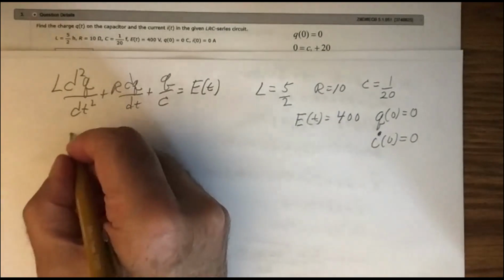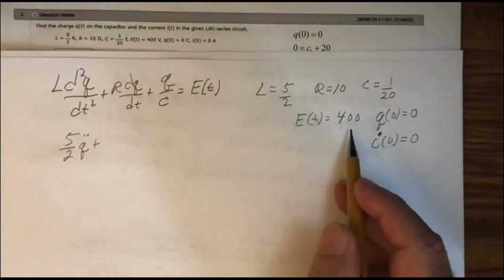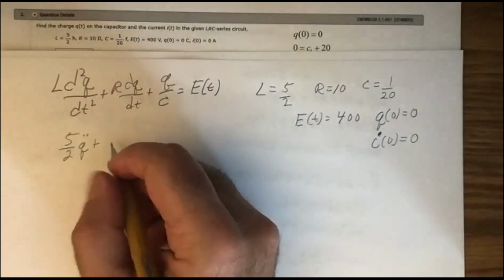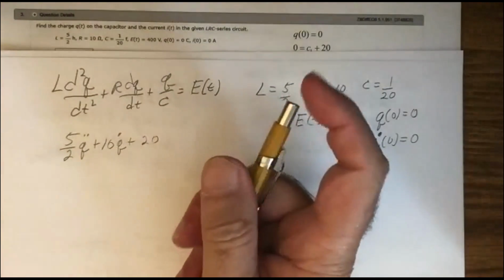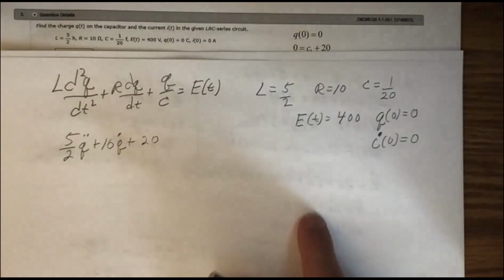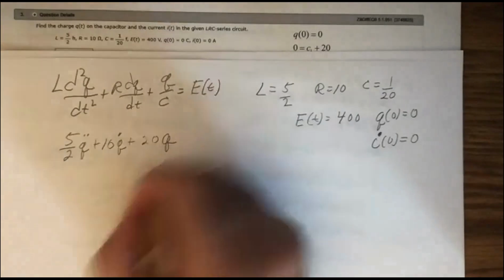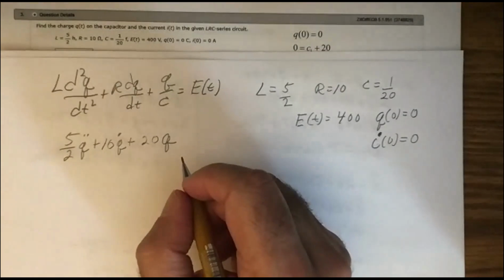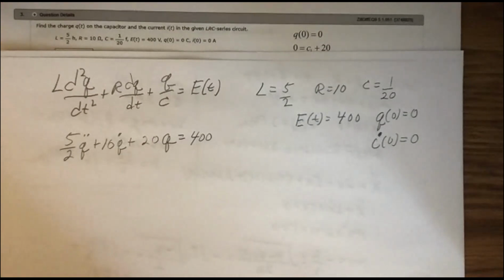So this is going to be 5 halves Q double dot, plus the resistance is 10 Q dot, plus, since C is 1/20, 20 Q, and that's going to be equal to 400.